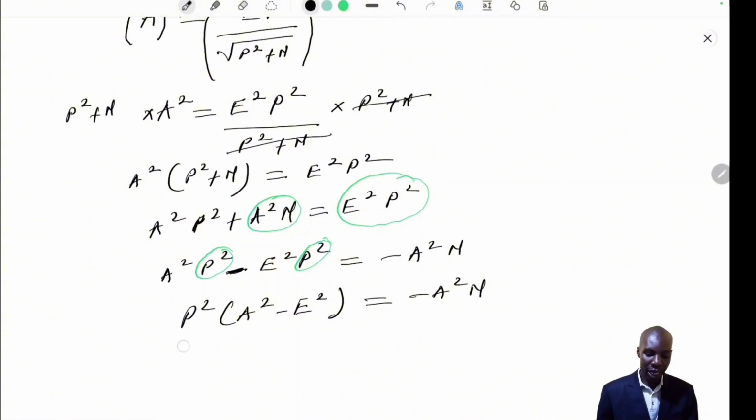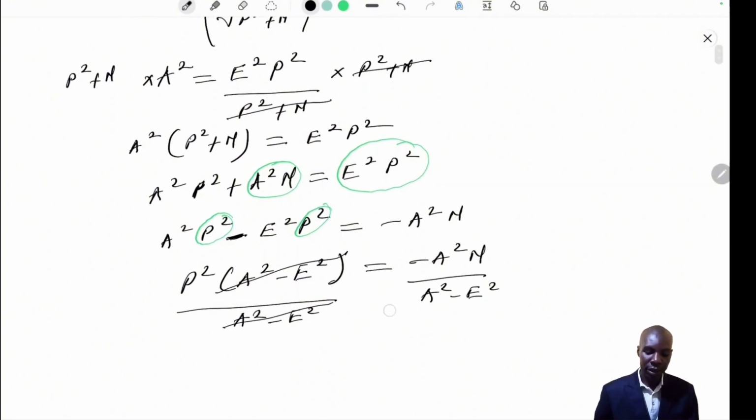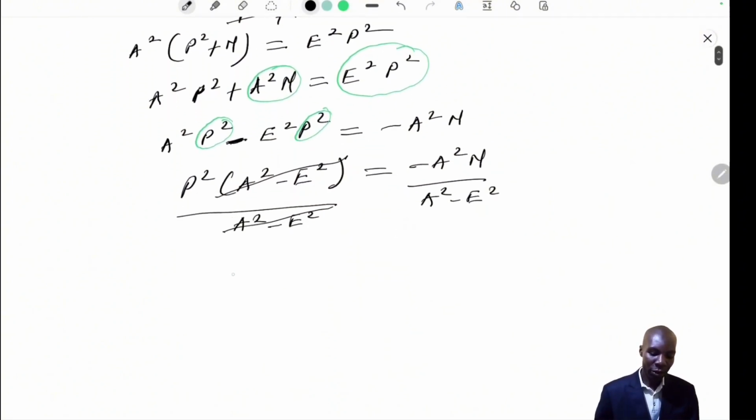Divide both sides by a squared minus e squared, so this one cancels with that. On the left-hand side, we are left with p squared alone, which gives us minus a squared n over a squared minus e squared.